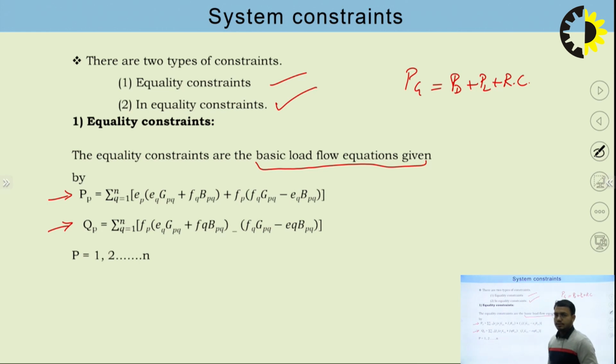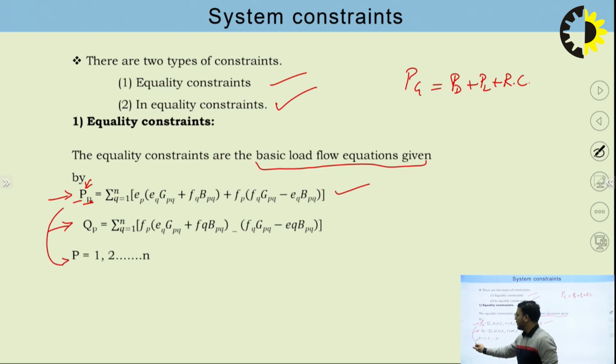Both these powers can be calculated, given by the summation over Q equals 1 to N of EP multiplied by (EQ GPQ plus FQ BPQ) plus FP multiplied by (FQ GPQ minus EQ BPQ). And basically if we talk about the P here, this is the real power, and this P is the number of generators which we are talking about.